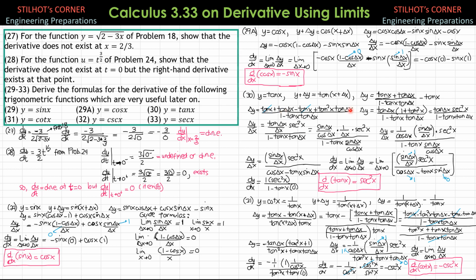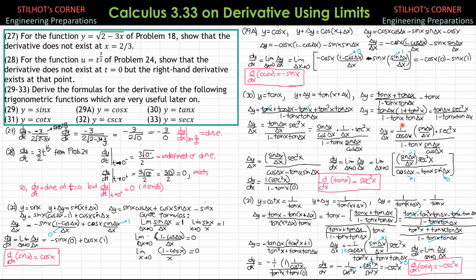So we have two terms left in the numerator in which tangent delta x is common. So we have tangent delta x, quantity 1 plus tangent squared x, all over the LCD, which is 1 minus tangent x tangent delta x, which simplifies because the identity for 1 plus tangent squared x is secant squared x. So I replace this by secant squared x over 1 minus tangent x tangent delta x.